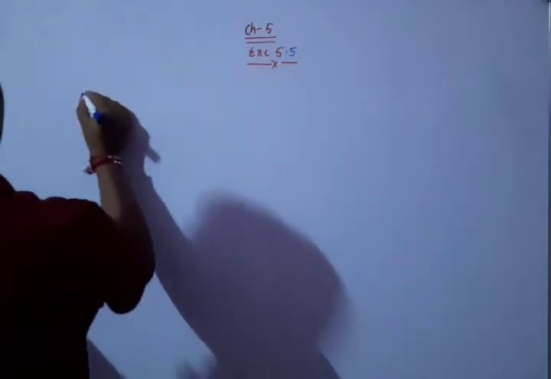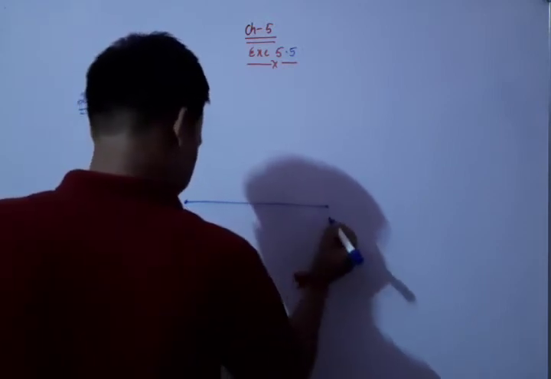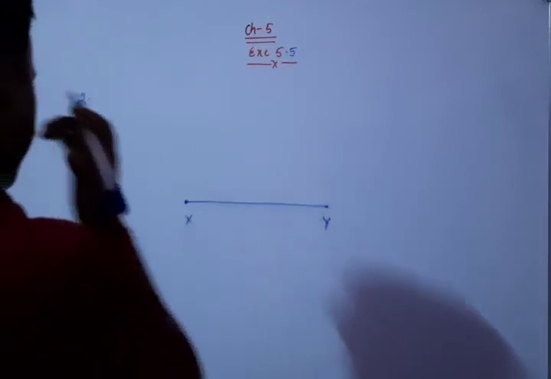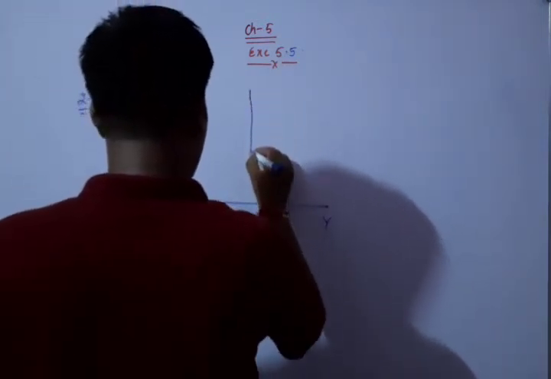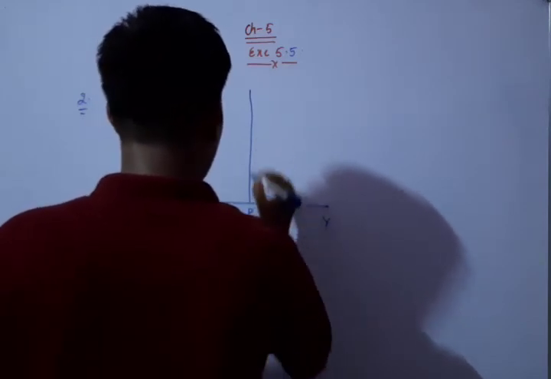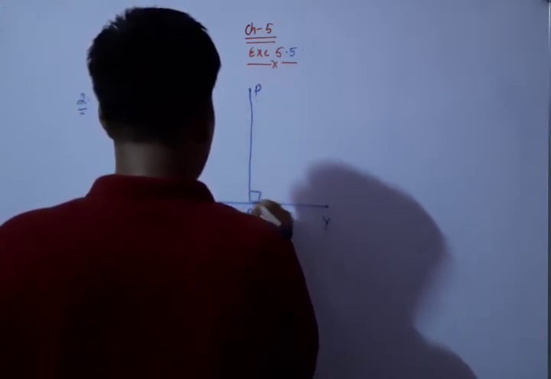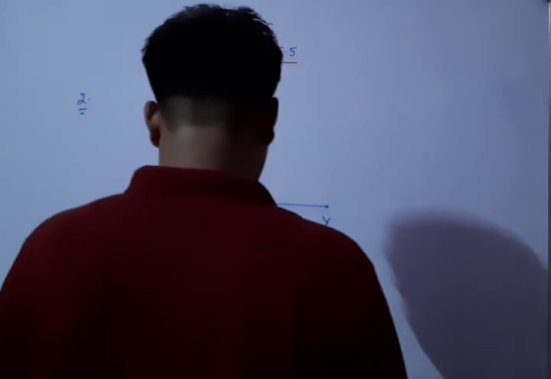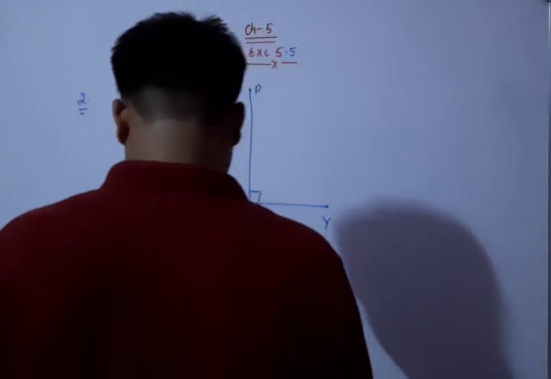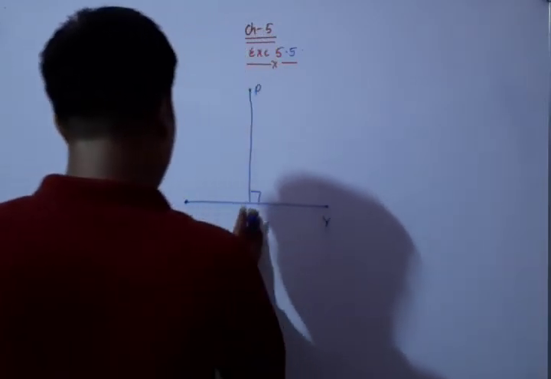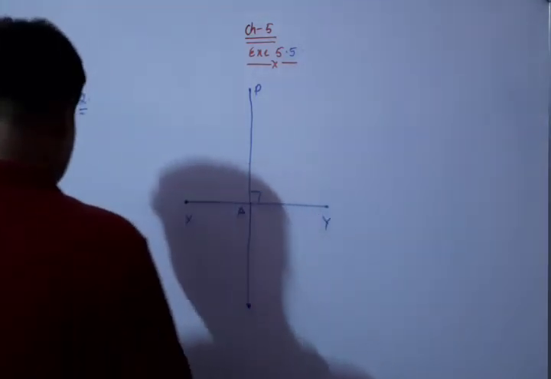Here a line segment is given, XY. When a line segment is given, the distance is fixed, and PQ is perpendicular to the line segment. Let PQ and XY intersect at a point A.